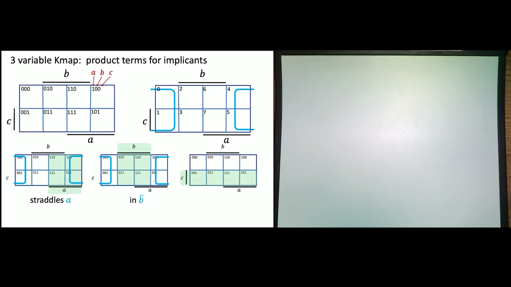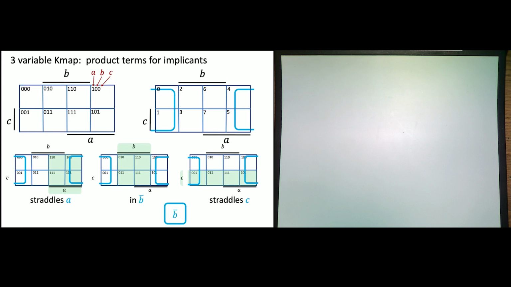Yes, so it's going to have a B bar there. How about is it in C? It straddles. So what's our product term? B bar, right? And if you look at the values for each of these, you'll see they're exactly the 4 cells where B is 0. In the middle, B is 1 here, B is 1 in these two. So that's how you get the product term from a rectangle.